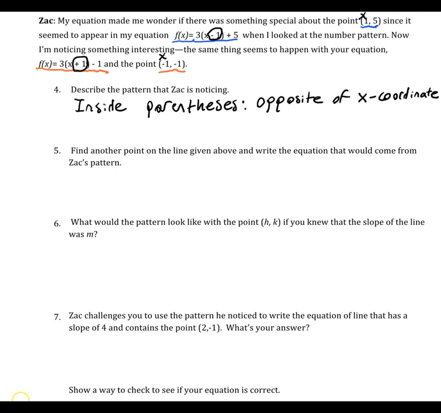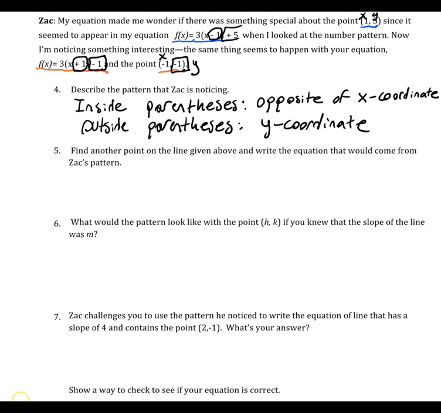And the other part of it is that outside the parentheses is appearing the y-coordinate, not the opposite of the y-coordinate, but just the y-coordinate. So I have -1 here as the y-coordinate, and it's -1 outside the parentheses. I have 5 here as the y-coordinate, and it's +5 up there.